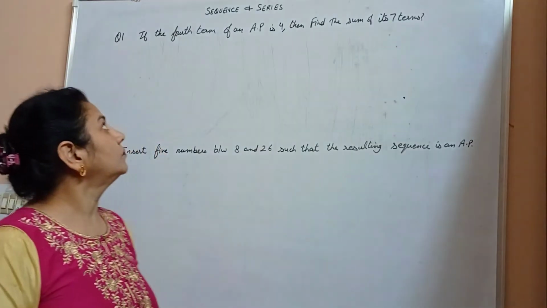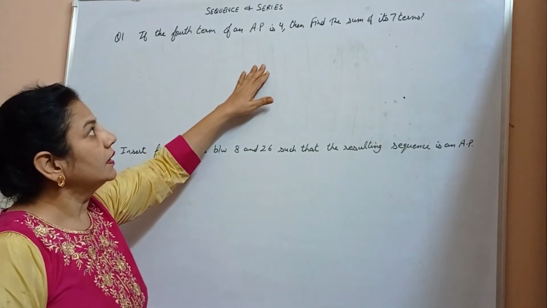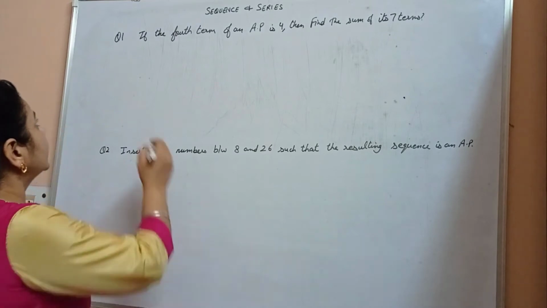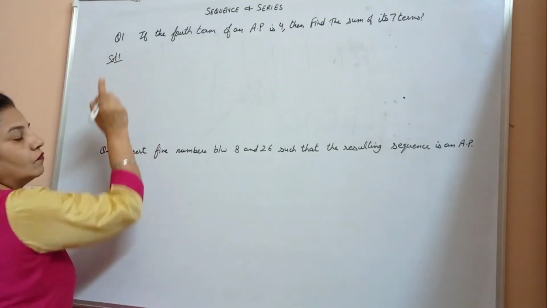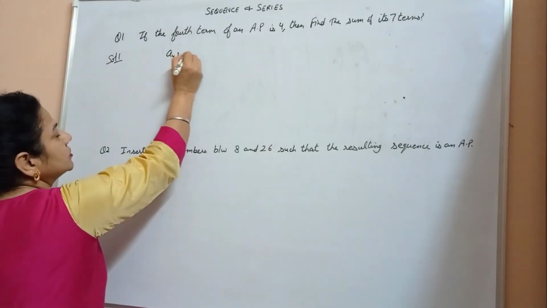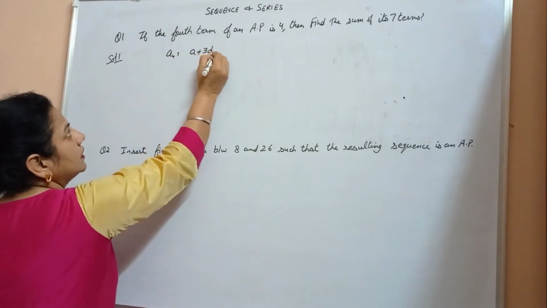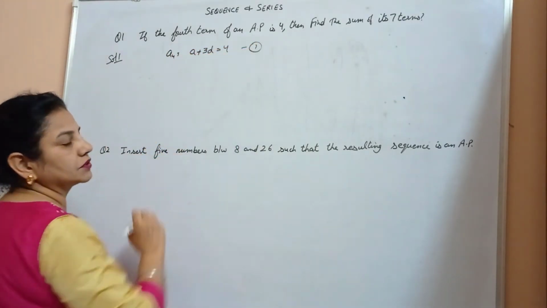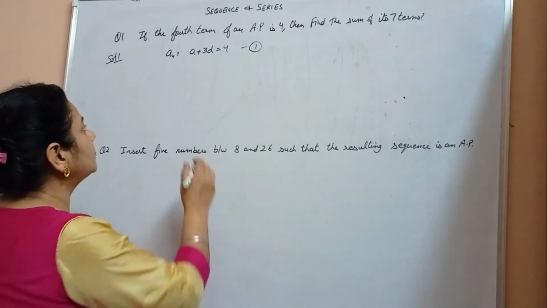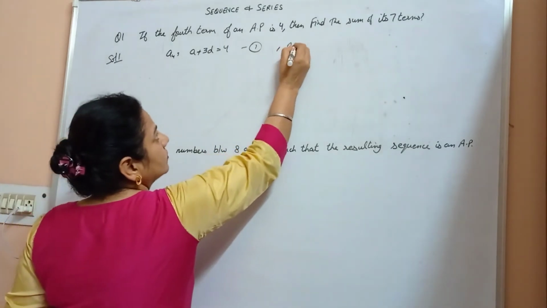If the fourth term of an AP is 4, then find the sum of 7 terms of the AP. As the fourth term is 4, that means the fourth term is equal to a plus 3d is equal to 4. This is my first equation. We have to calculate the sum of 7 terms, n is equal to 7.